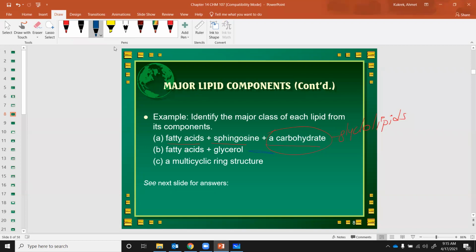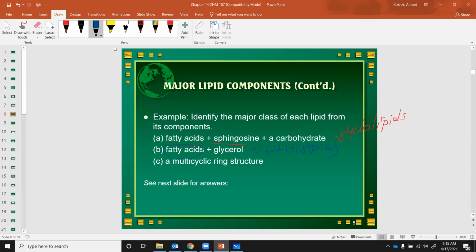Not necessarily trans fat, but you're fat, right? Fatty acid and glycerol. Again, we don't know what kind of fatty acid, maybe it's trans, maybe cis. But at the end of the day, you are fat, or we can also call you triglyceride too. Same thing, right?